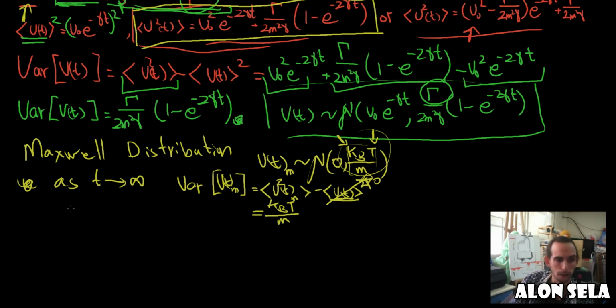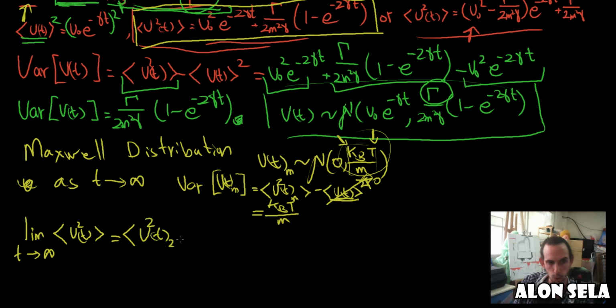We are saying that we want the limit as t goes to infinity of the second moment of the velocity from the Langevin equation to be equal to the second moment from the Maxwell distribution, which is k Boltzmann T over m. Okay, let's make some room.